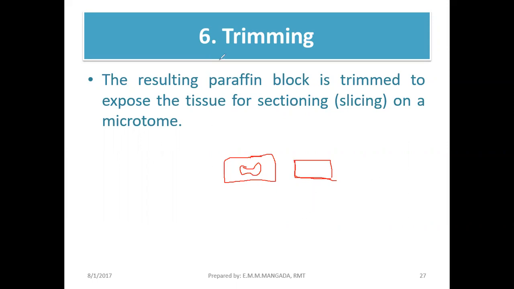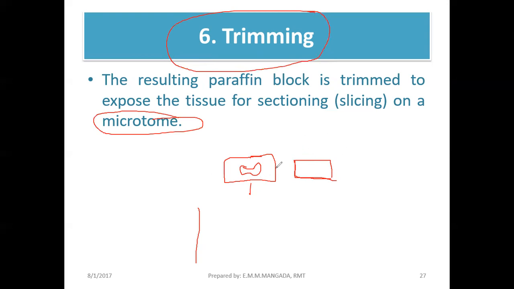The microtome, guys, is what we use in cutting our tissue section. Once you have the tissue block, you will cut it to produce thinner sections, and we use our microtome. We also use the microtome in trimming the tissue block. Other than trimming the edges, the purpose is of course to expose the tissue.